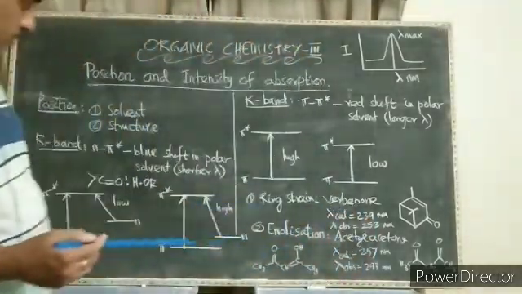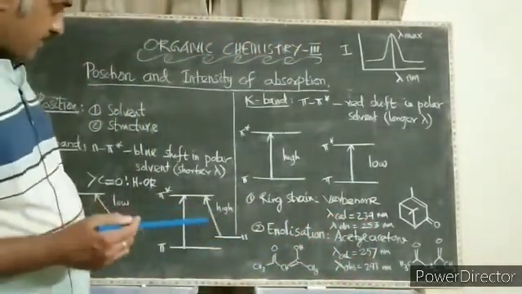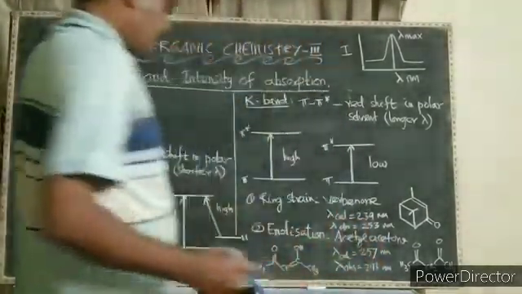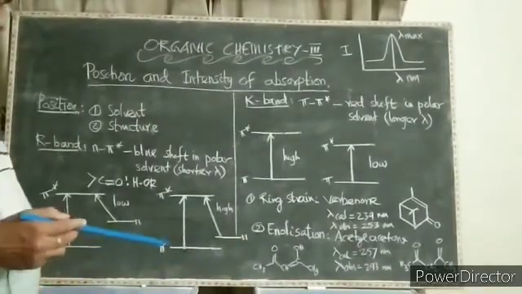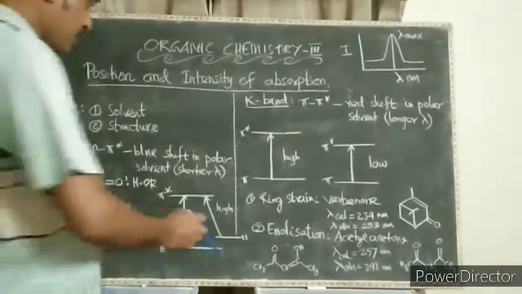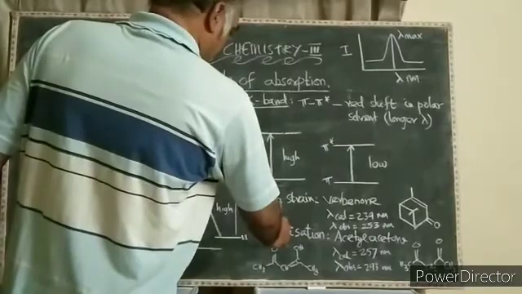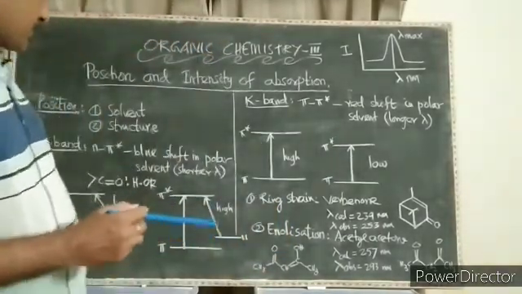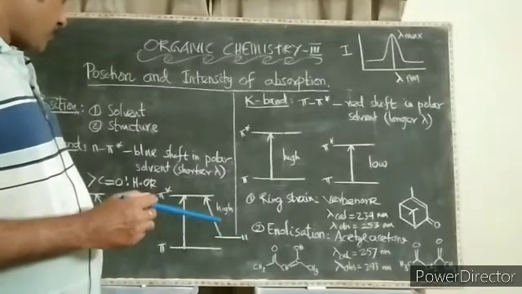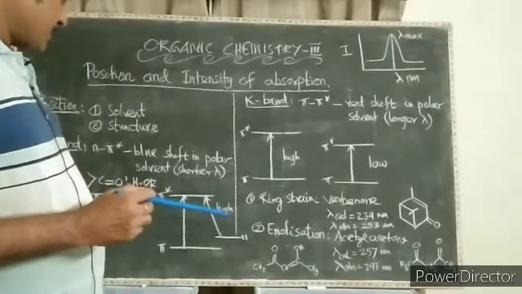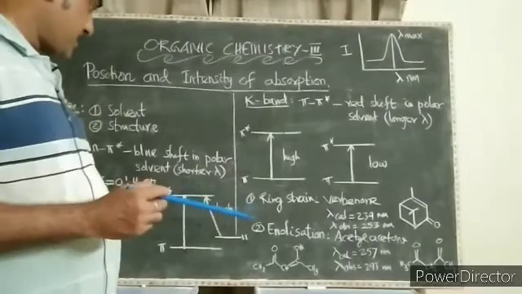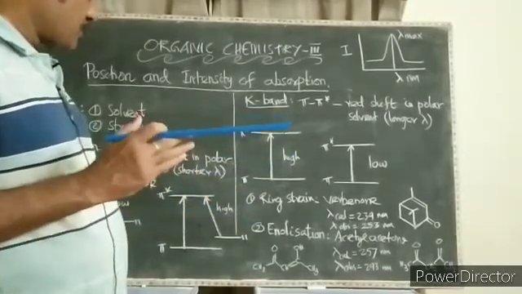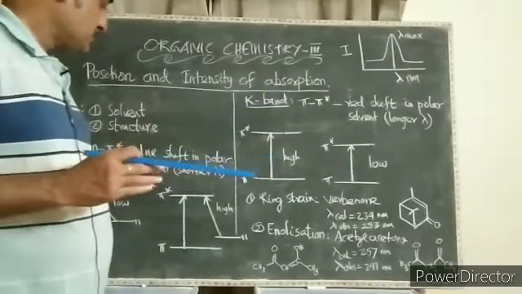But when its UV visible spectrum is recorded, it shows a wavelength of absorption at 293 nanometer, and this is due to ionization. The ionization results in the sharing of a hydrogen bond between the carbonyl carbon and the oxygen, and it produces a structure which is conducive for extensive delocalization, and as a result the absorption maximum shifts towards the longer wavelength region.